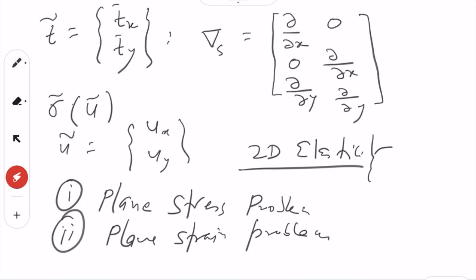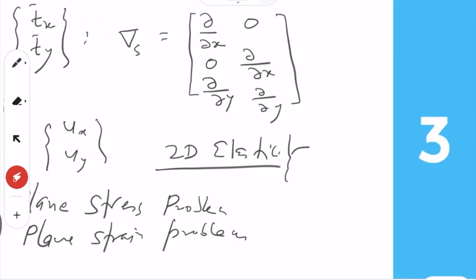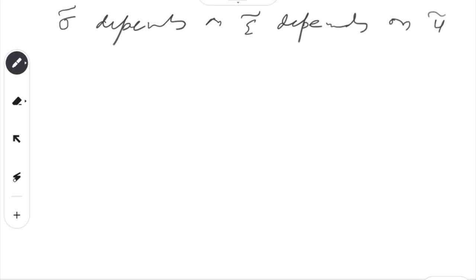There is a relationship that we will find out. So the idea is to relate the stress, which depends on the strain, which depends on u.